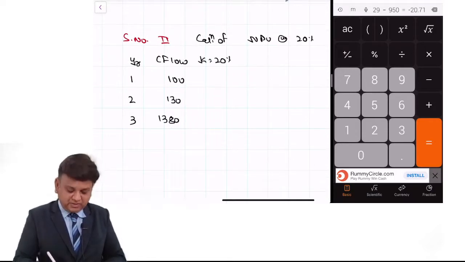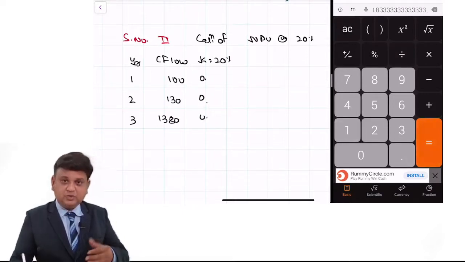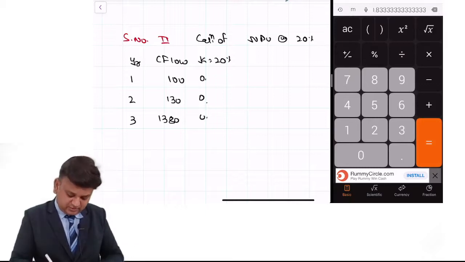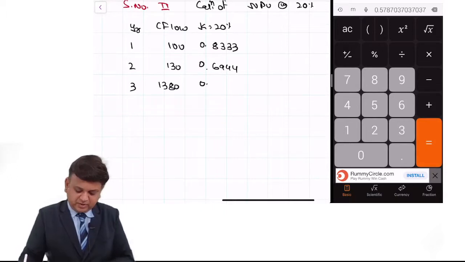Cash flows are discounted at 20%. So 1 divided by 1.2. So 0.8333, 0.6944, 0.5787.